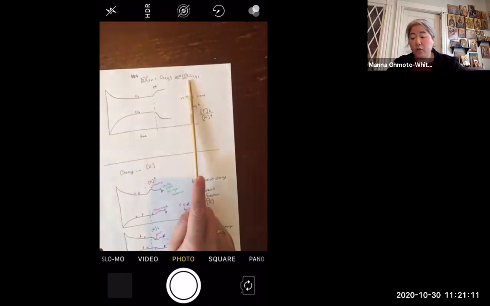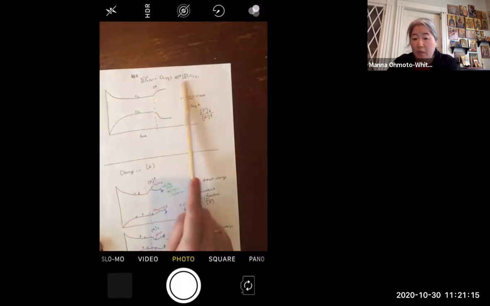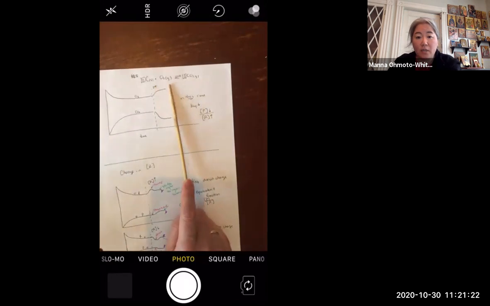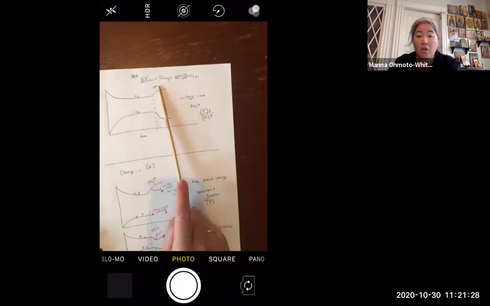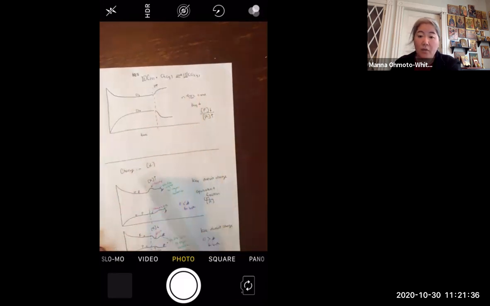If I have the reverse reaction in which my reverse reaction is being favored, I'm creating more reactants from my products. It's as if my leftward pointing arrow is taking precedence. We call that a reaction that is shifting left. So shifting left means that my reactants go up, my products go down, KEQ goes down. And in this case, shifting right would mean that my KEQ value goes up.